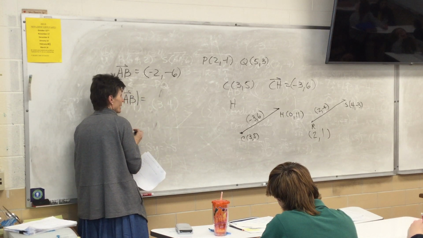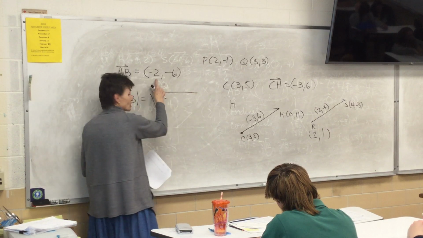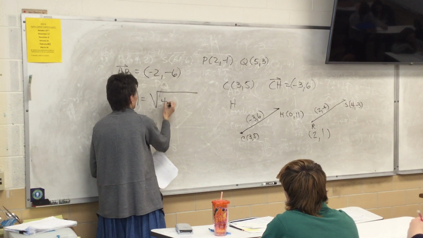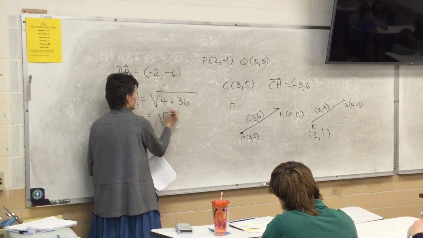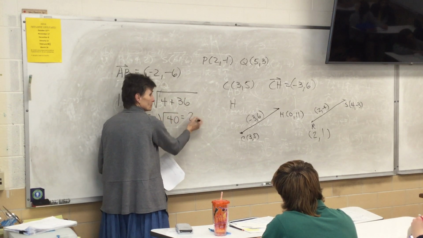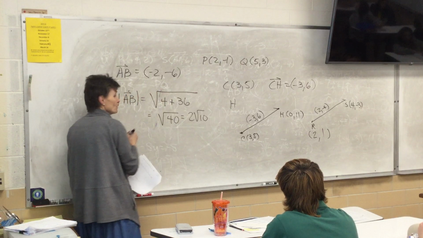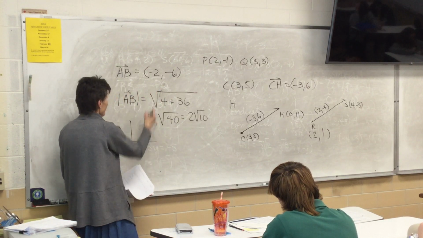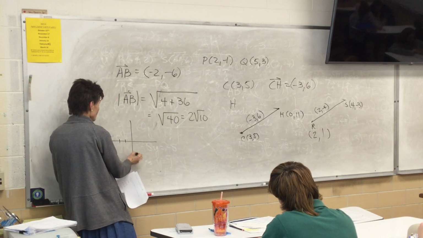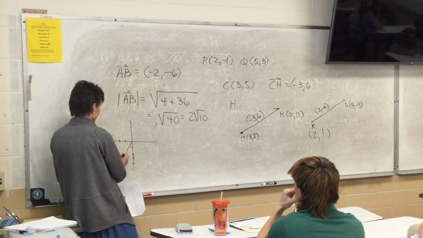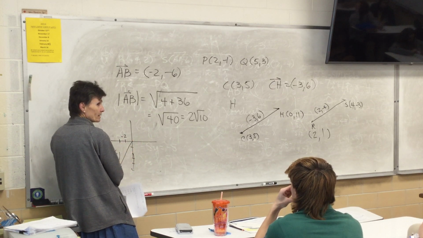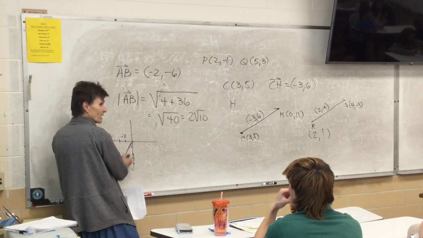Magnitude. And magnitude, we said we're going to square the first one, square the second one, add them together and take the square root. And if you are confused by that, remember that vector goes left 2 and down 6. So left 2 and down 6. Wouldn't we do the Pythagorean theorem to find its magnitude?